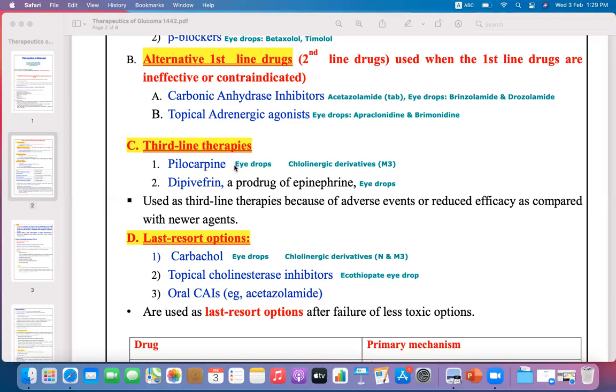The next example from the third line agents is dipivefrin, which is a prodrug of epinephrine, that we can say prodrug of adrenaline, and it is available as an eye drop, and it also reduces the intraocular pressure.